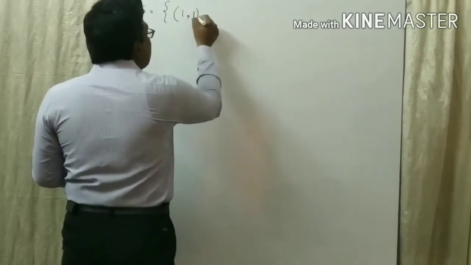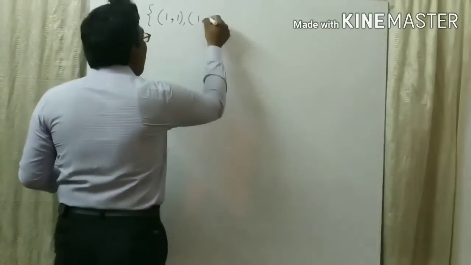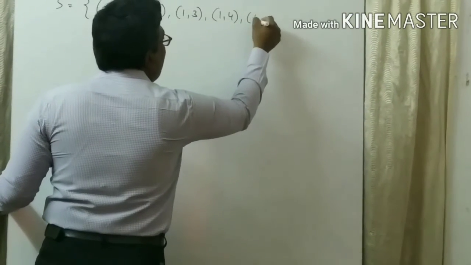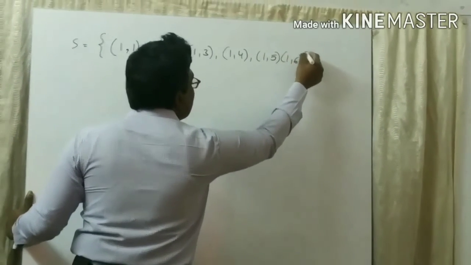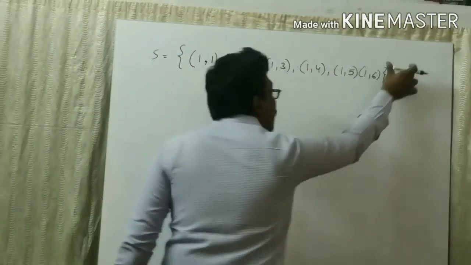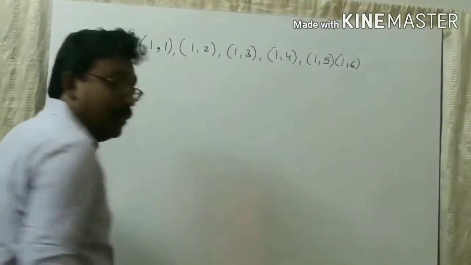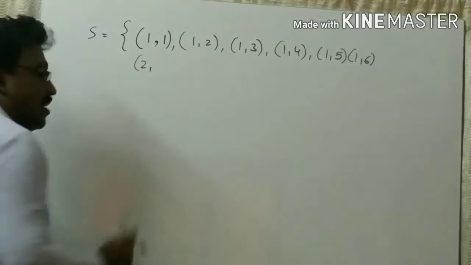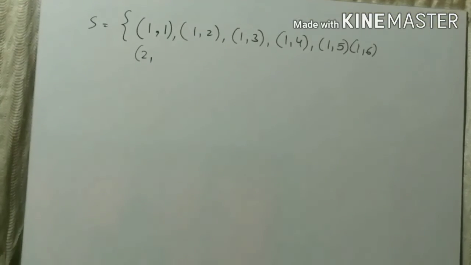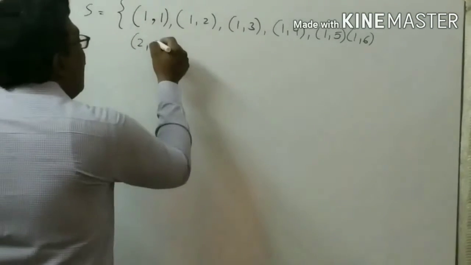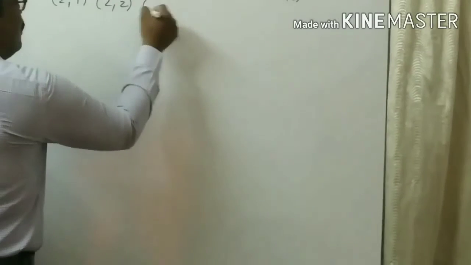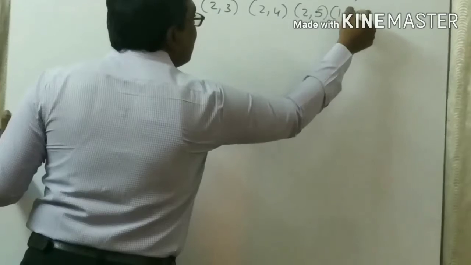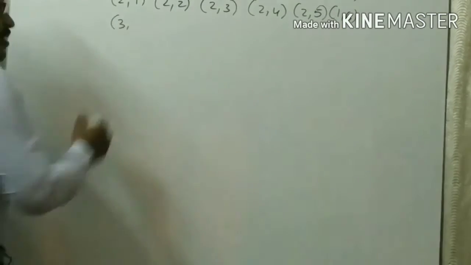The next die may be 1, or 2, or 3, or 4, or 5, or 6, with the first die being 1. If the first die is 2, then the second die may be 1, 2, 3, 4, 5, 6. Now you understand, I suppose.